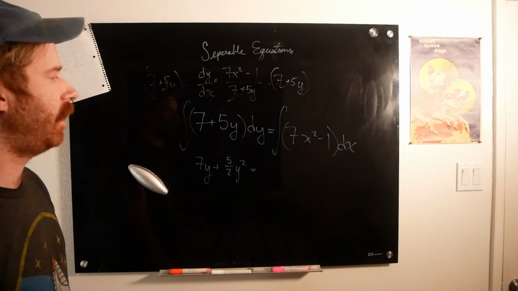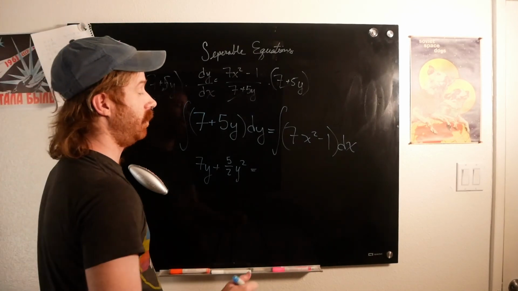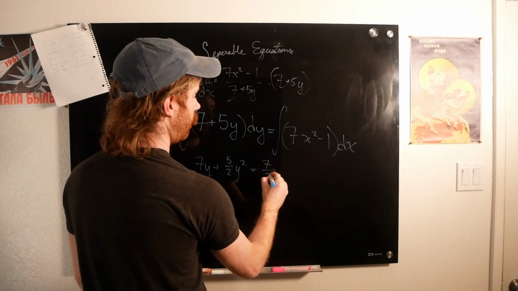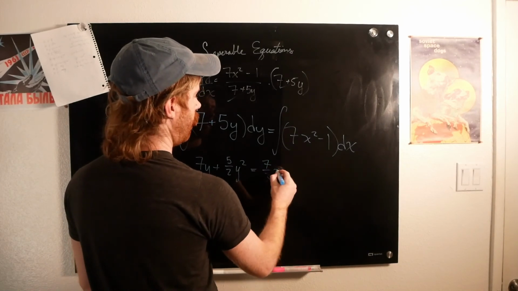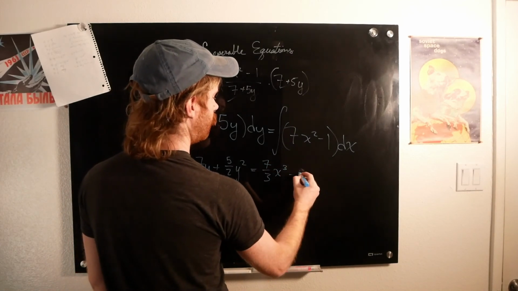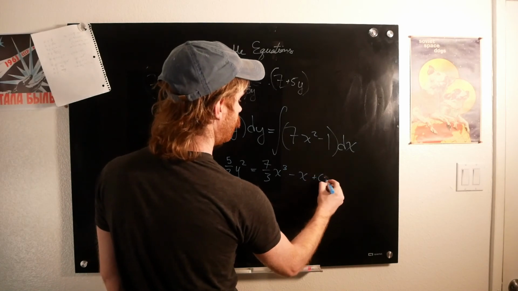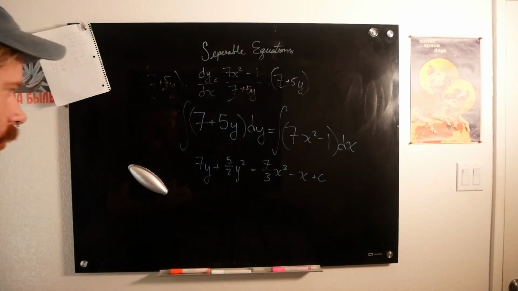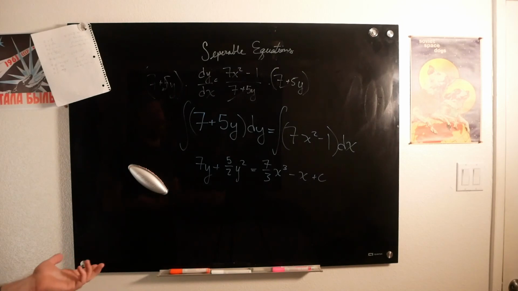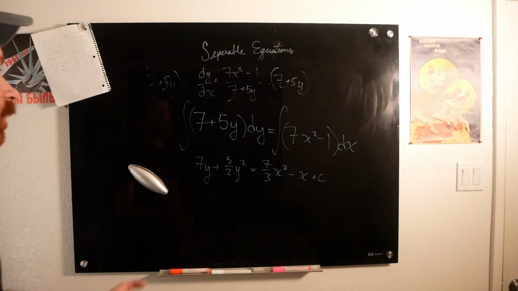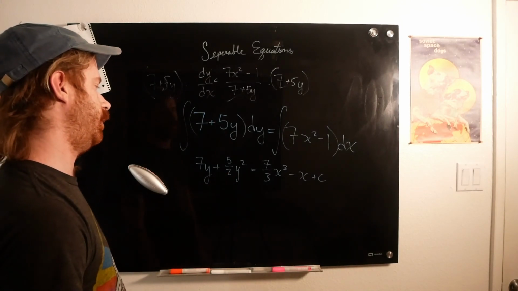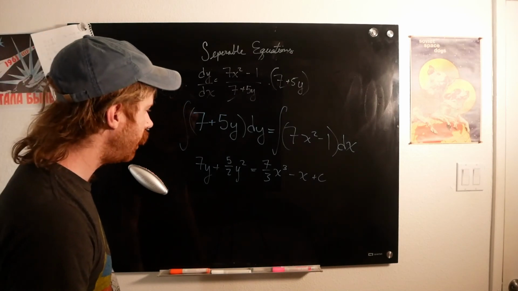So 7x squared, the integral of that is going to be 7 over 3 x cubed minus x plus c, right? So you can find a common denominator or whatever. Just multiply everything by 6, right?